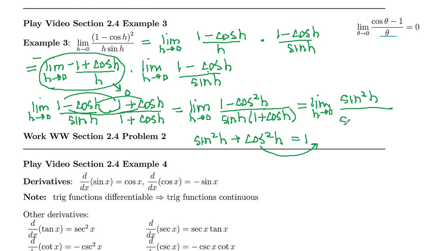And in the denominator, sine h, 1 plus cosine h. So then this sine h will cancel off one of those. And this is now limit h goes to 0. We've got sine h on top. And 1 plus cosine h in the denominator.